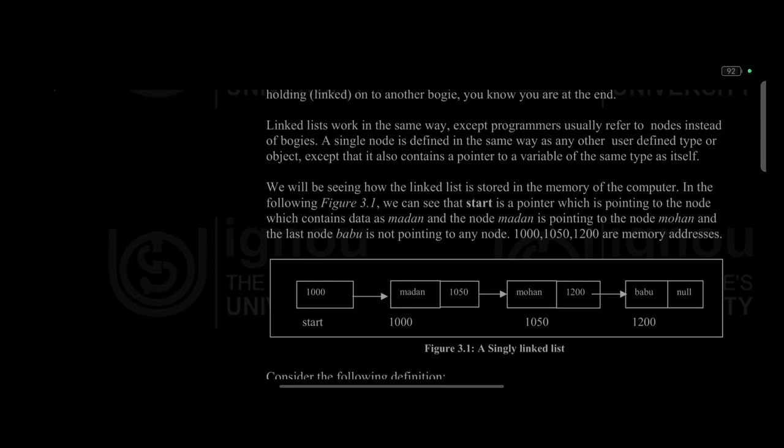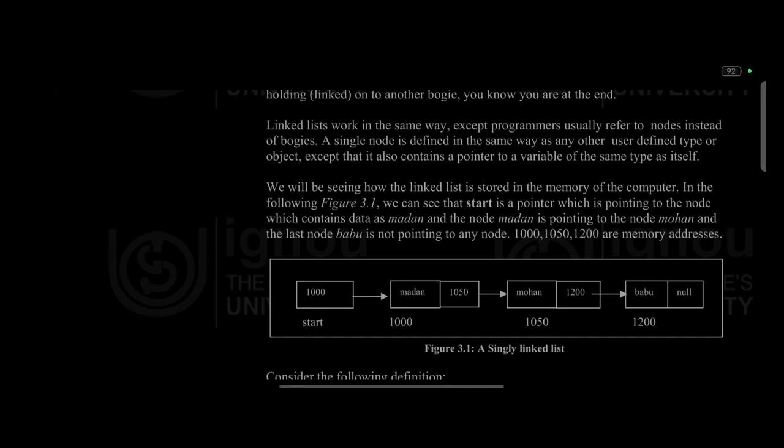A single node is defined in the same way as any other user defined type or object, except that it also contains a pointer to a variable of the same type as itself. We will be seeing how the linked list is stored in the memory of the computer.